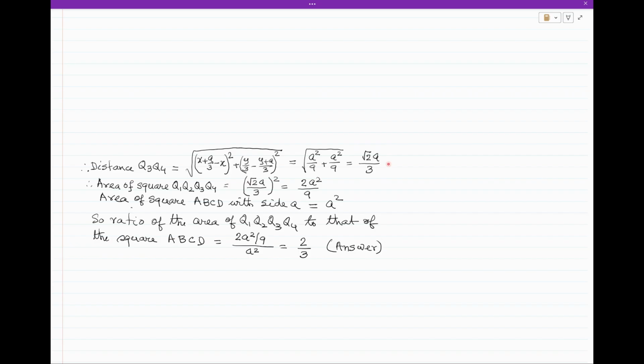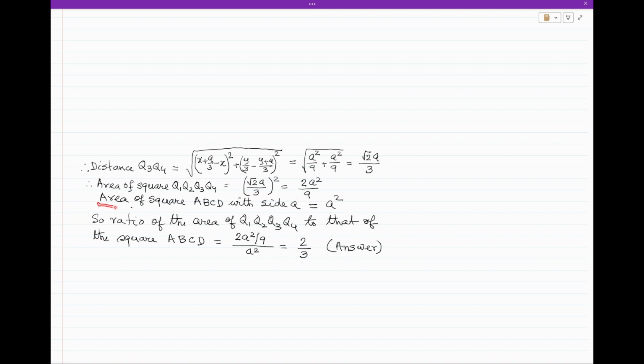And this is the side of the square Q1Q2Q3Q4. Therefore, the area of the square Q1Q2Q3Q4 will be the square of the side, equal to 2a squared by 9.